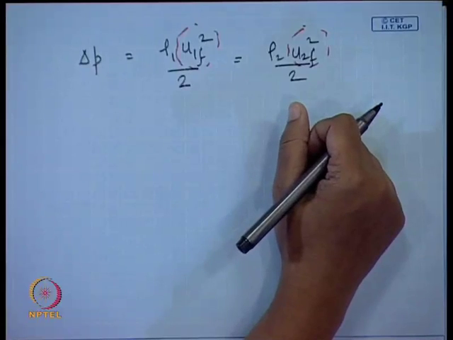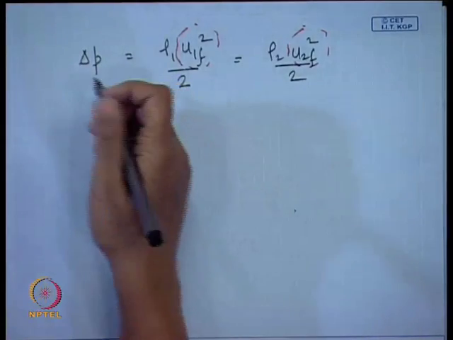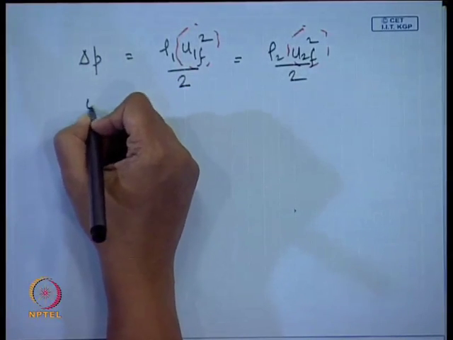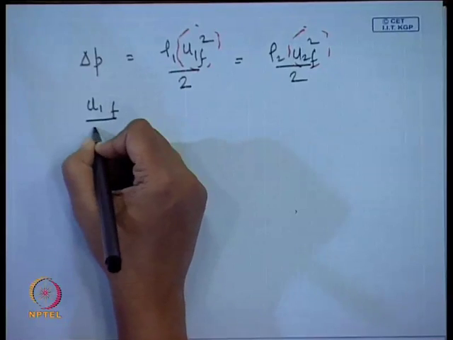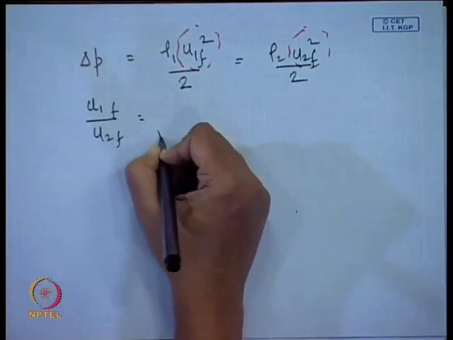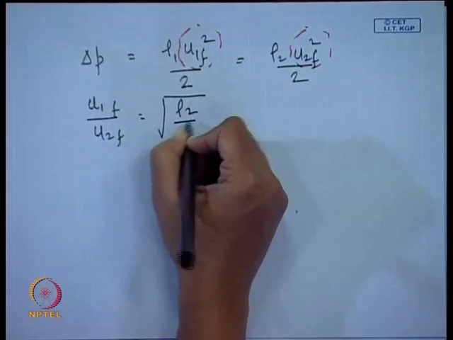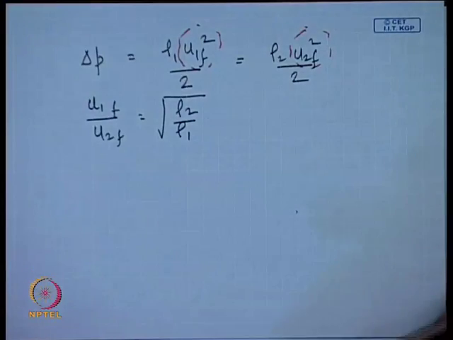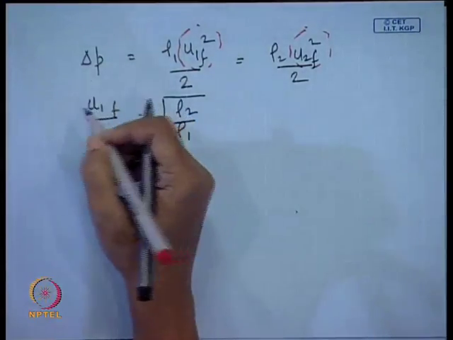Now, normally under these circumstances wall interactions we can neglect, even for single phase flow situations. So, under that particular situation, what can we write down? We can write u1 final by u2 final equals, can we write this down, yes or no?